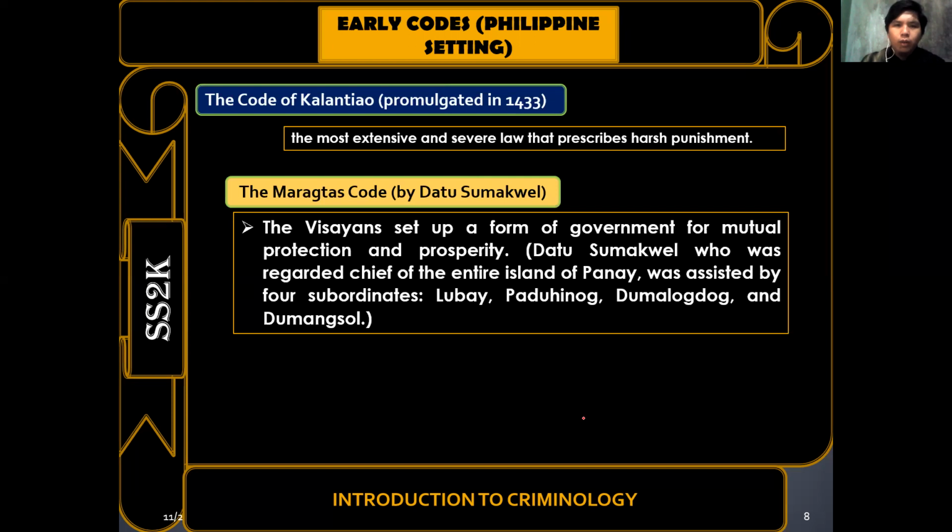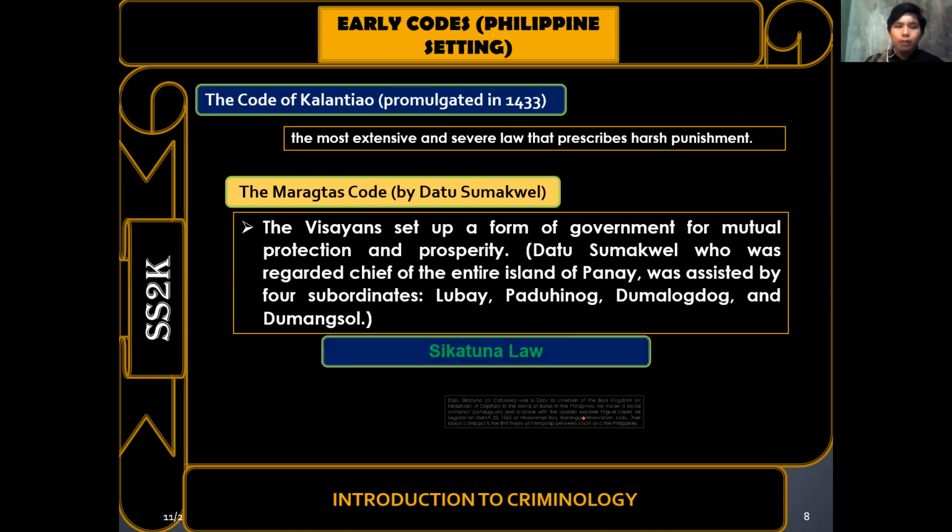So Dato Sumakwel, who was regarded as the chief of the entire island of Panay, was assisted by 4 subordinates. We have Lubay, Paduhinog, Dumalugdog, and Dumangsol. So meron silang kasunduan na kapag ang isang tribo ay inaatake, so responsibility ng pong mga ibang tribo para tumulong. Yan. So yun po nasa Maragtas sa Code ni Dato Sumakwel.